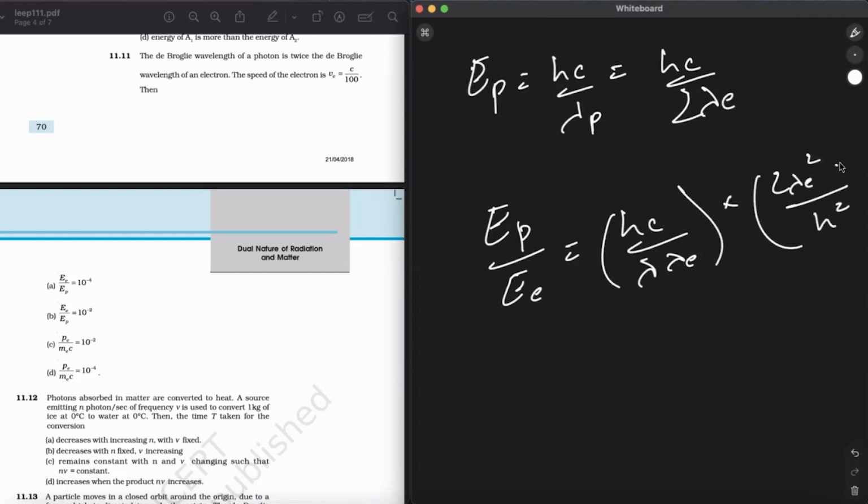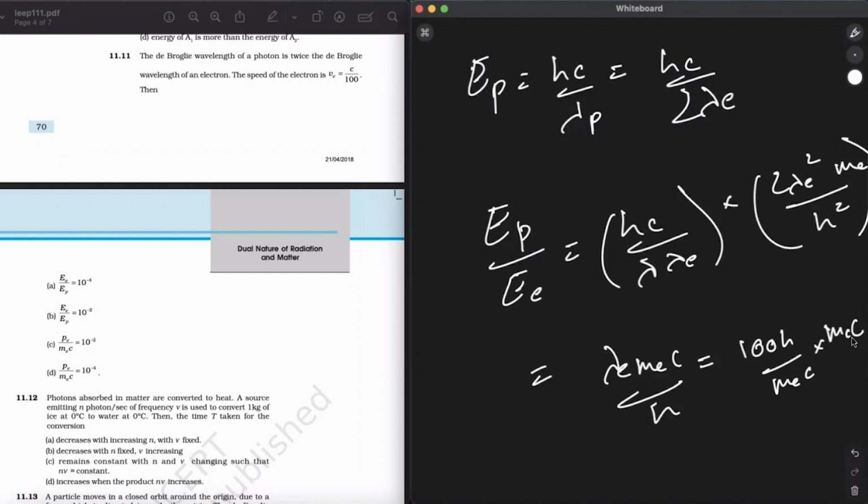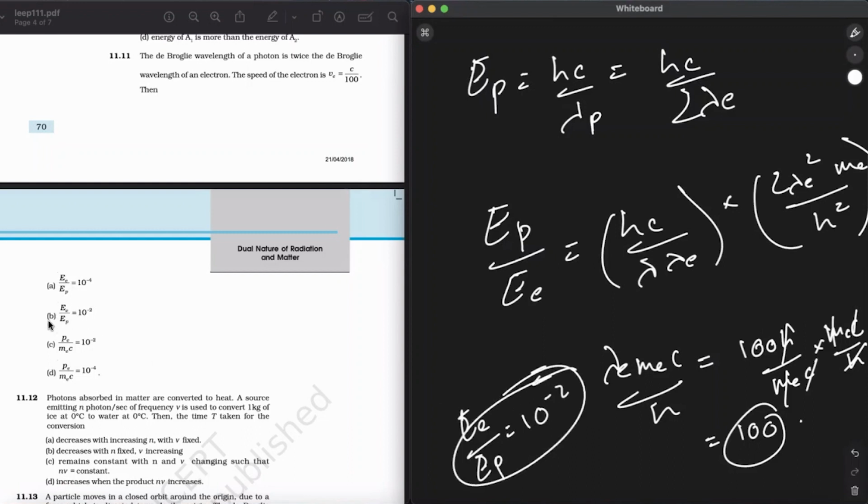Lambda_e is m_e C upon h, so 100h upon m_e C into m_e C upon h, that is 100. So E_e upon E_p will be equal to 10 raised to the power of minus 2. So option B is correct.